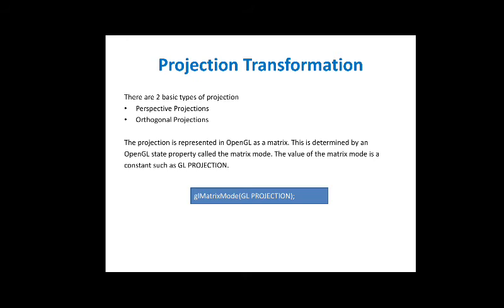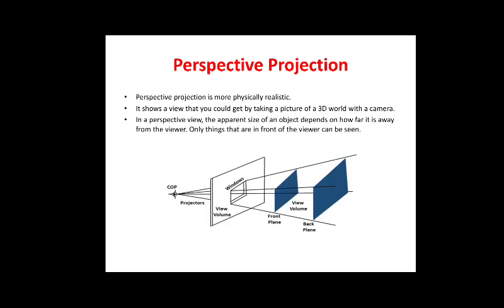This is determined by the OpenGL state property called the matrix mode, so for that purpose I enable my matrix mode with the projection, and the value of that matrix mode will be GL_PROJECTION. First of all I enable the matrix mode with projection, then I apply the different projections.